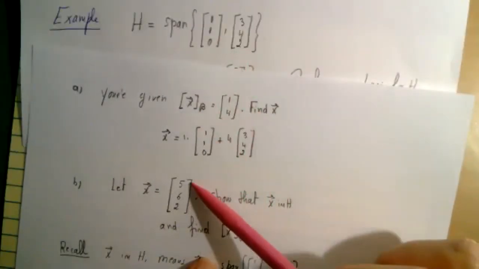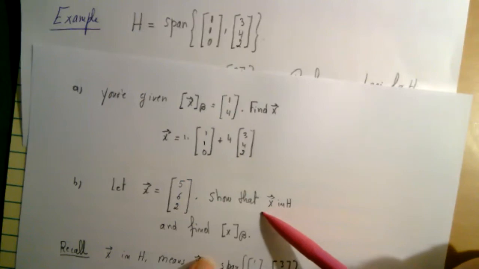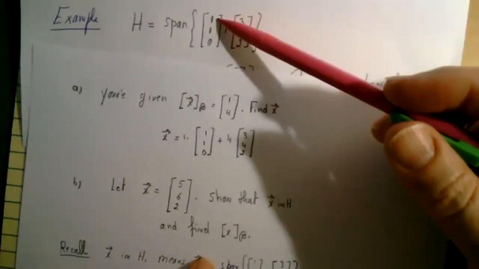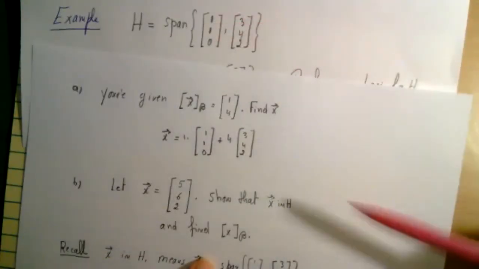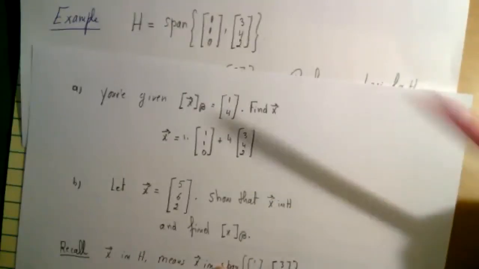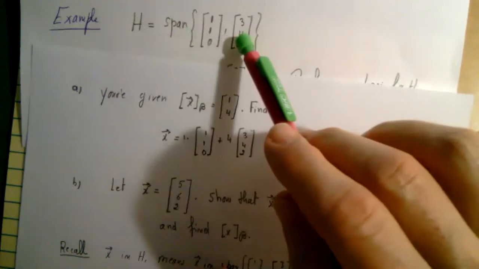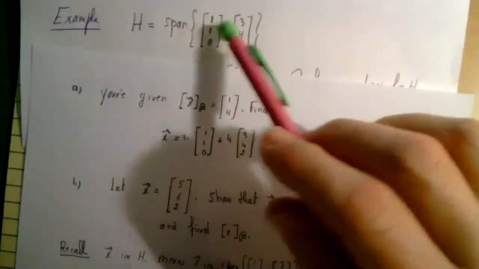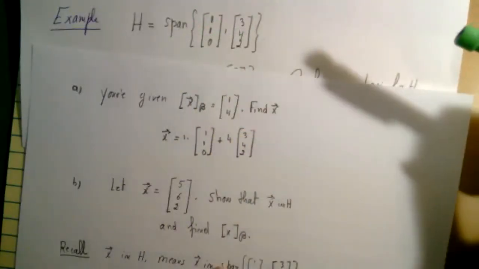Show that X is in H. It means we have to show that X is a combination of those two vectors. Find the coordinate of X with respect to the basis. Since it's a combination of those two vectors, the coordinate will be the weights obtained by writing X as a combination.